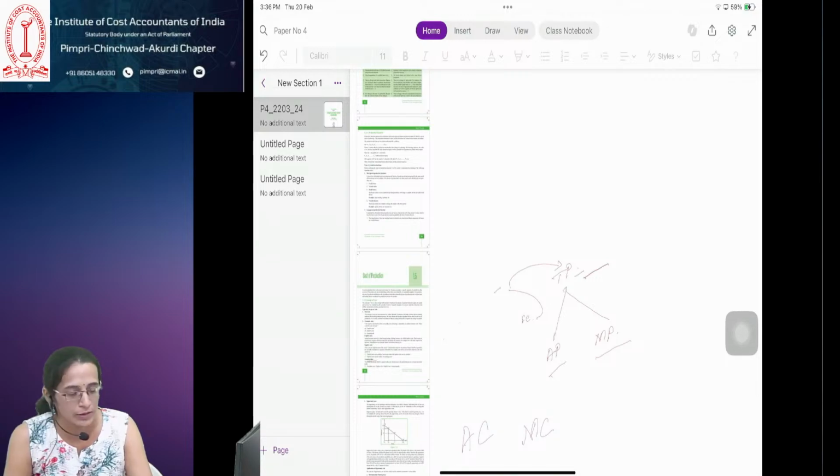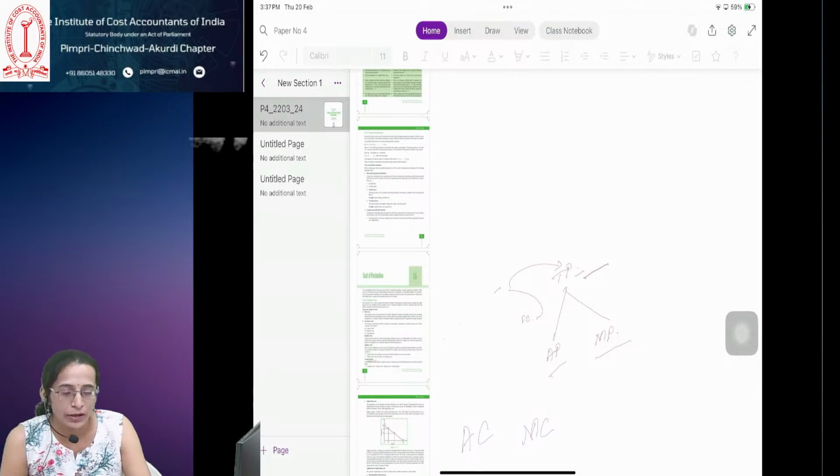The law of variable proportion is for a short period in which, of the input factors, how many are variable and how many are constant? Only one factor is variable and all other factors are constant. And what impact does it bring on the output?